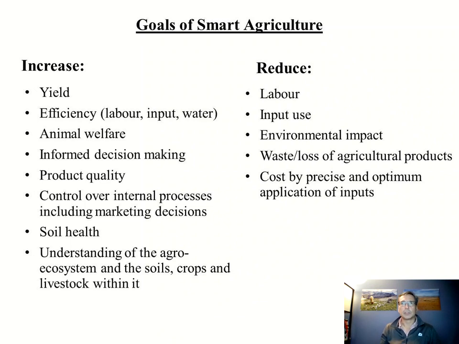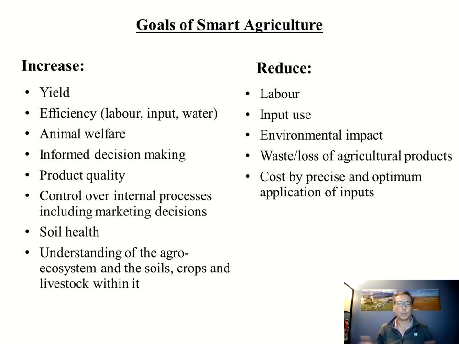So what are the goals of smart agriculture? We really want to be improving. We've talked a lot about agriculture and the impacts that it's having and some of the challenges that we have in terms of feeding the world. We want agriculture to be more efficient. We want it to have higher yields. We want it to use labor and resources more efficiently without polluting the environment.